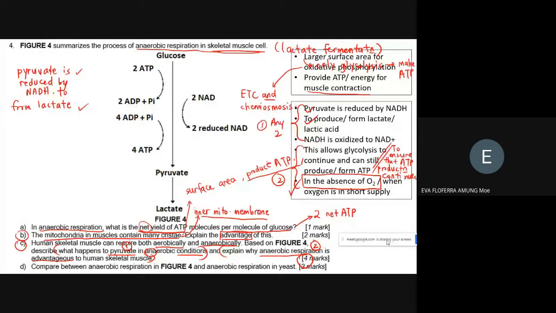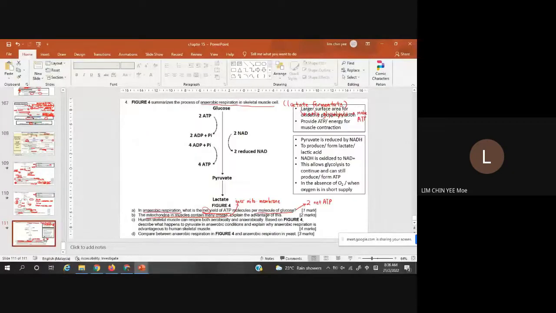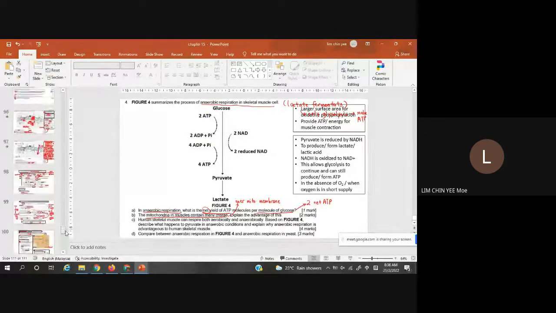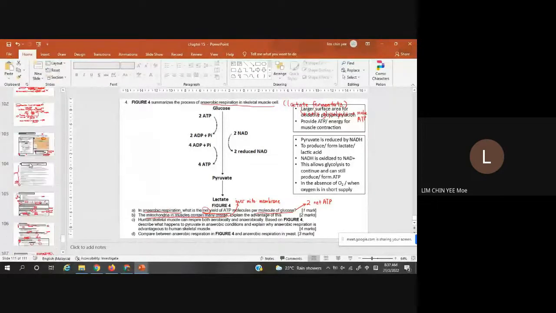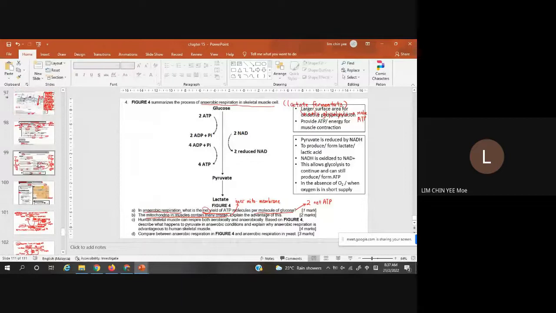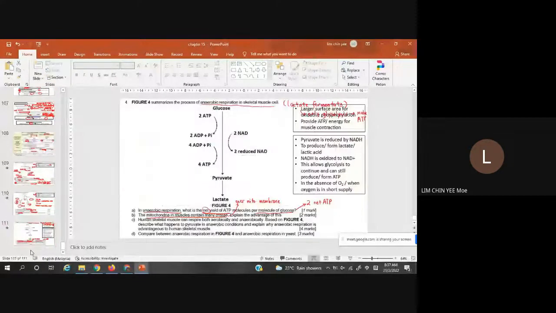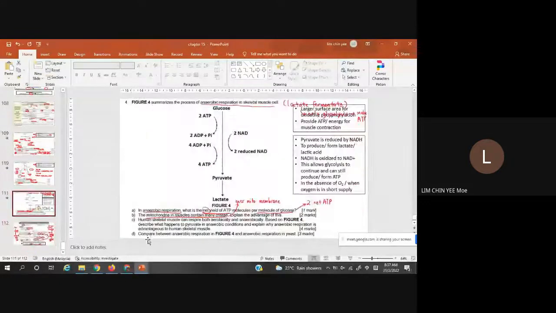Clear, Miss. Okay. So the anaerobic respiration in figure 4 and anaerobic respiration in yeast, yang tu Miss kena you rujuk dekat yang sini. Sorry. This one. Okay. So they ask you to compare.